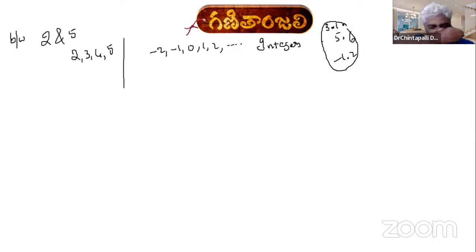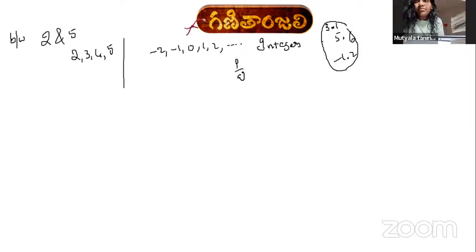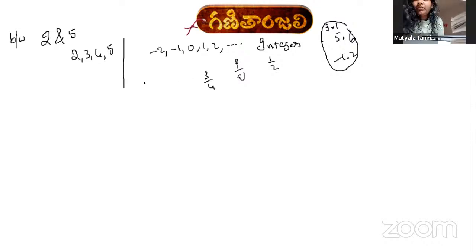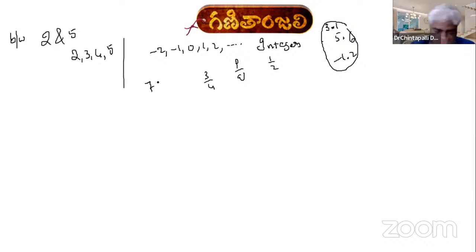Now, after integers, these are rational numbers. What are rational numbers? A number which can be expressed in the form of p by q is called a rational number. For example, 1 over 2, 3 over 4. And 7 is also a rational number. You know why?